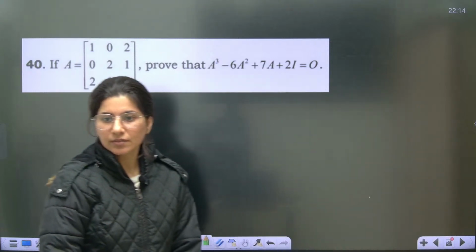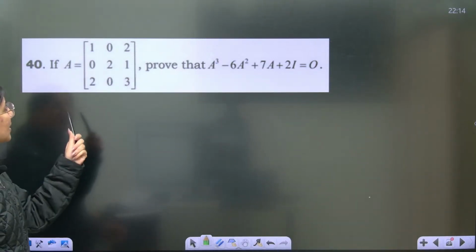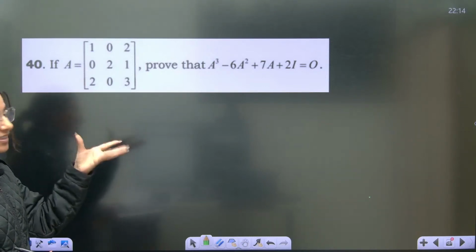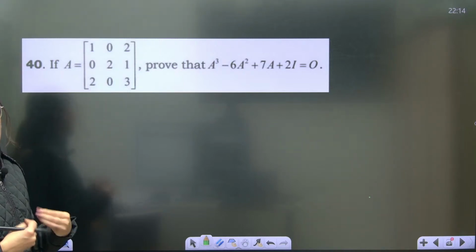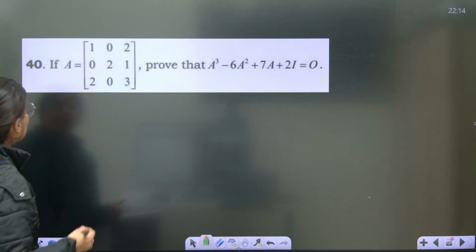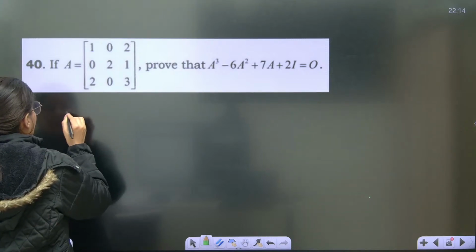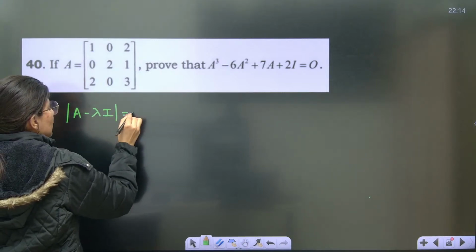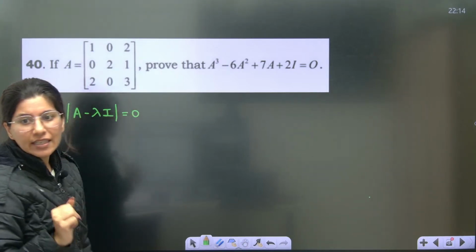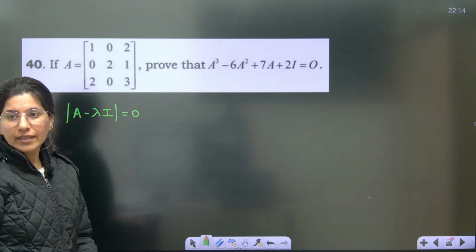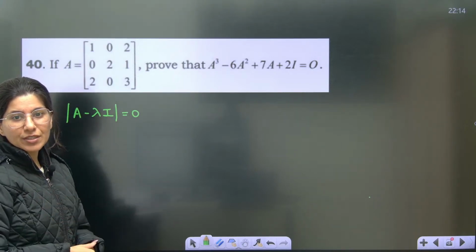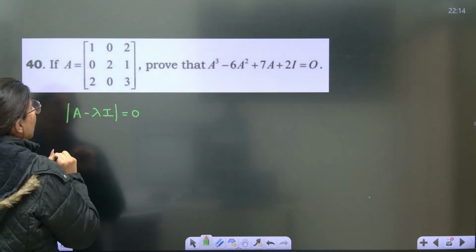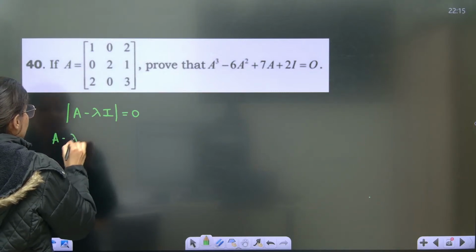Next question. Okay. So now this is your A and we need to prove that the cubic equation involving matrix A will look like this. There is a proper technique which says that the determinant of A minus lambda I equal to 0 will give the characteristic equation in A. So first of all, A minus lambda I, tell me.